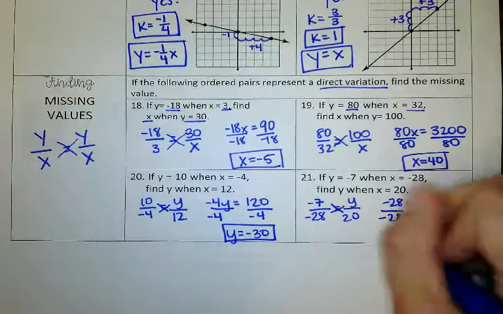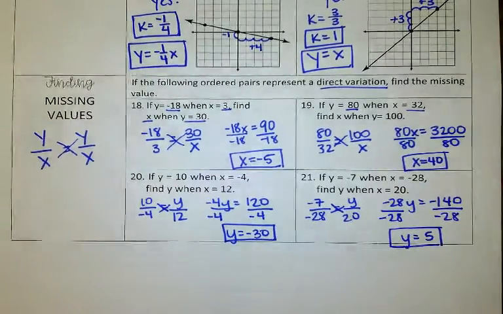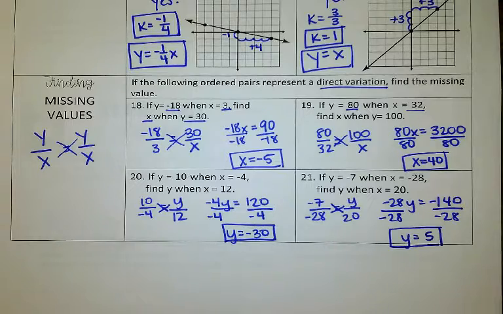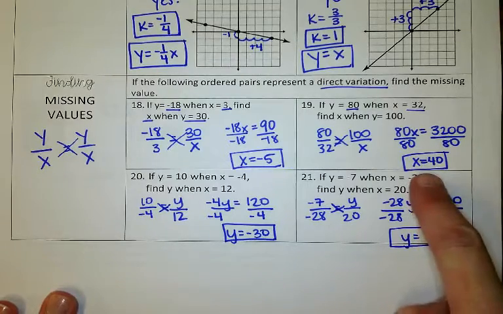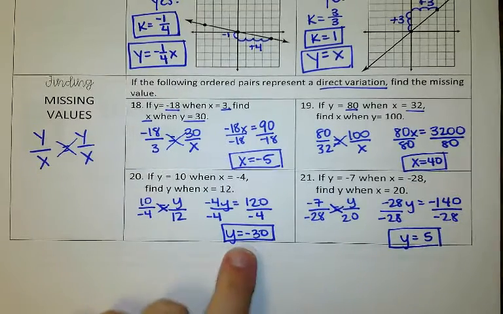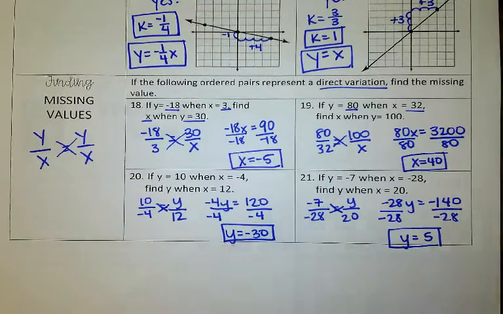So you can see up here for number 19, we got that x is equal to 40. For number 20, we got that y is equal to negative 30, because a positive 120 divided by a negative 4 gave us negative 30.